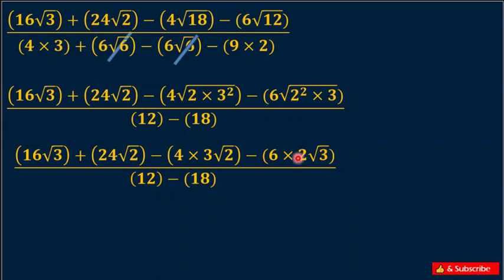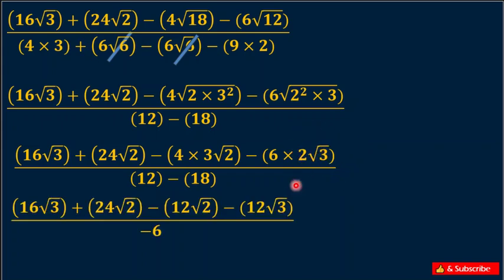And this is also after simplifying root 12. Good. Now, a more simplified form, you have 16 root 3 plus 24 root 2 minus 12 root 2 minus 12 root 3 all over negative 6. 12 minus 18 is negative 6.